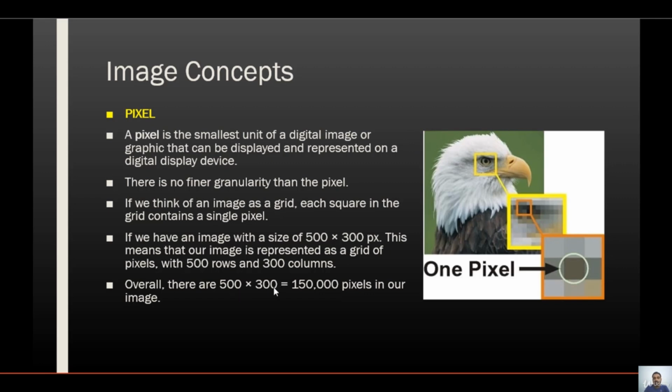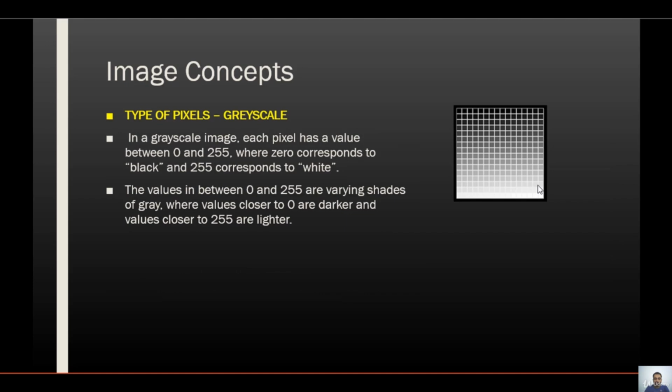And talking about types of pixels, we have two types. Images are of two types: we have color images and we have gray images, that is black and white images. Pixels are also the same. There are two types: grayscale pixels and color or chromatic pixels. Grayscale pixels have values varying in intensity from white to dark. Here it's white going all the way to dark.